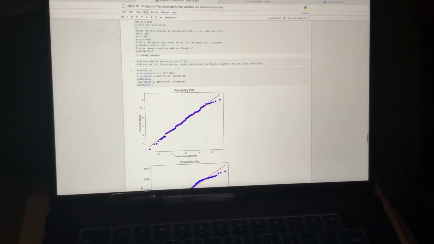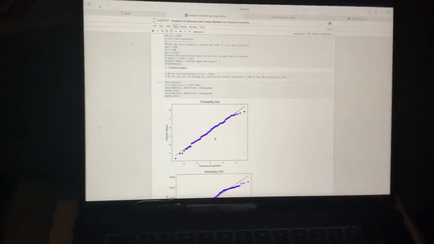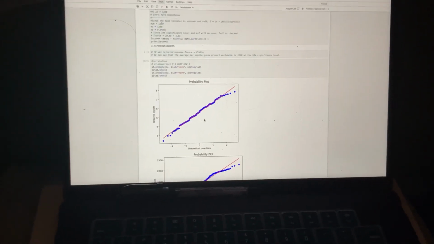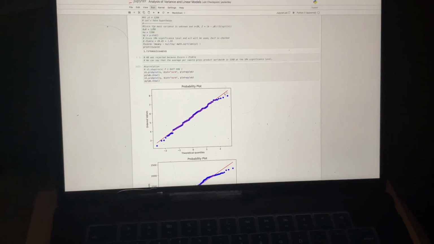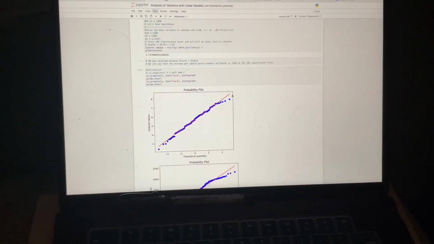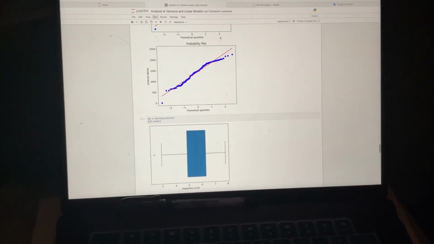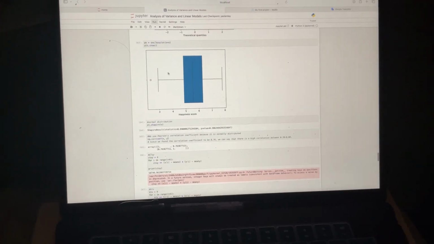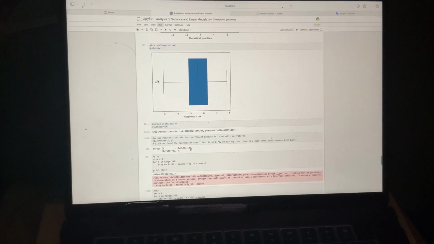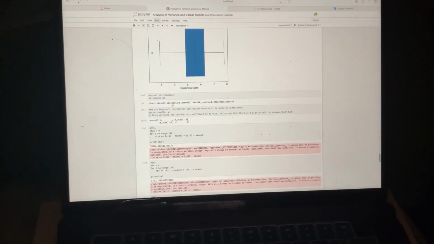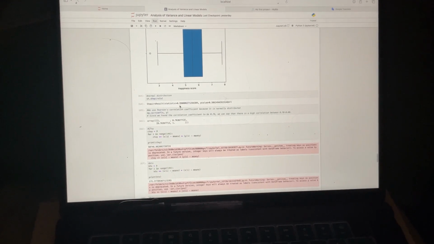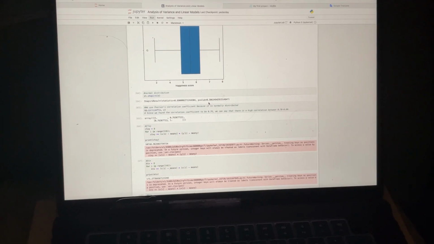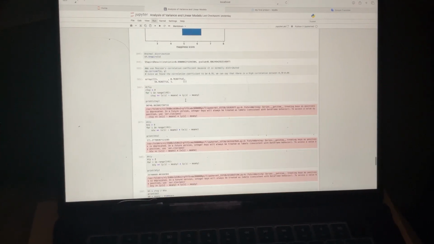Right here, this is a correlation plot, so it's a linear regression, in other words. These are the data values, and that's the line of best fit for both. Then a box plot to show the happiness score and whether there are any outliers. The Shapiro result is 0.099, and the p-value is 0.386. The coefficient is a measure of the correlation.